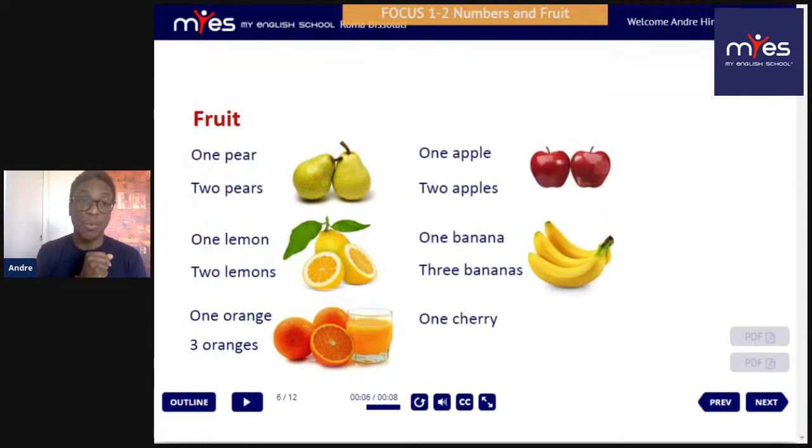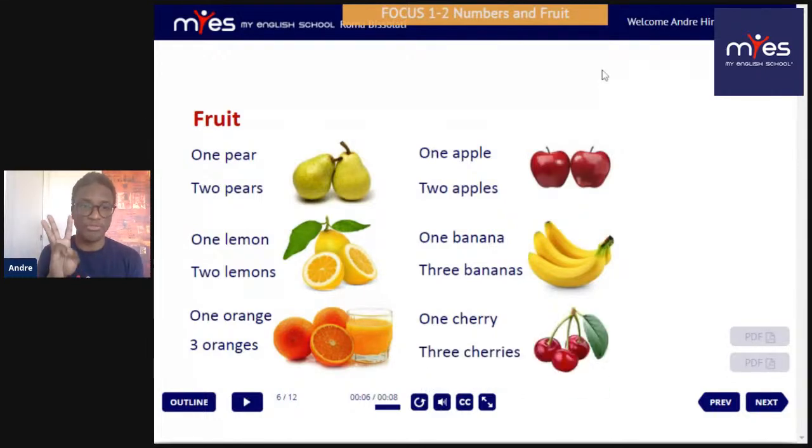And finally, 1 cherry. Remember, the CH here is pronounced ch, ch, cherry. But there are 3 in this picture, 3 cherries. So there is 1 cherry, but here there are 3 cherries. The S, plural. Excellent. Very, very good.